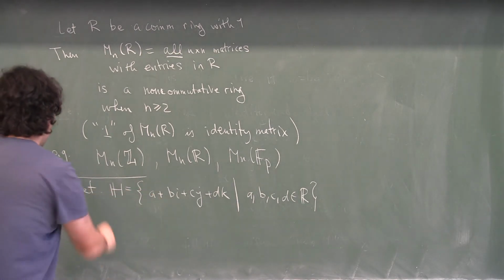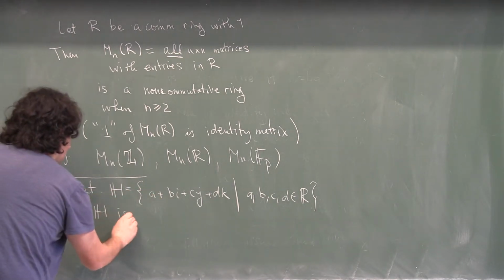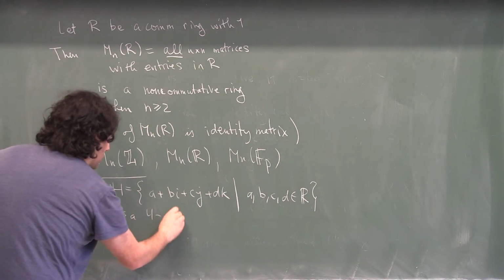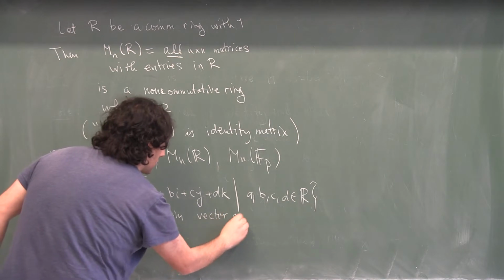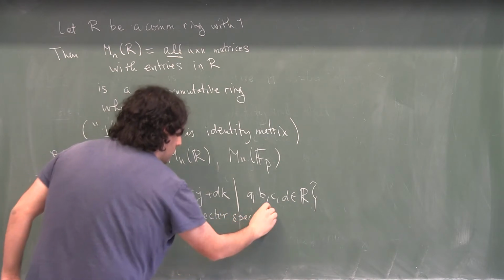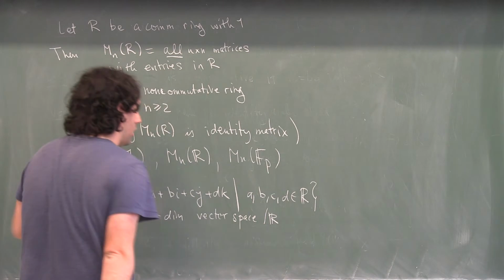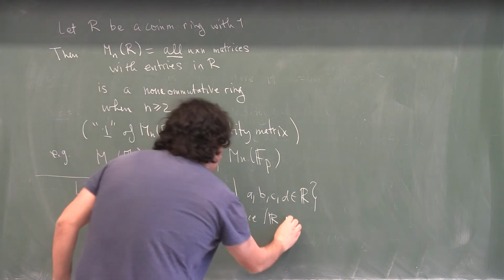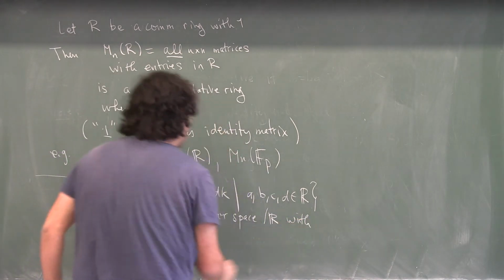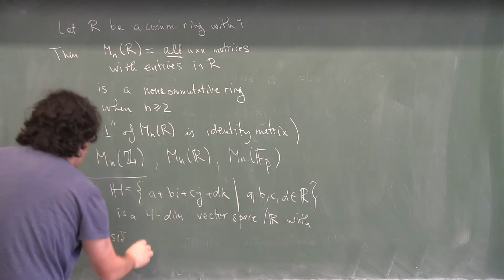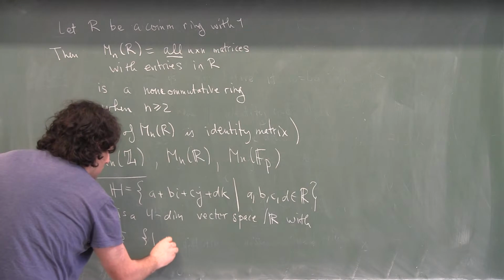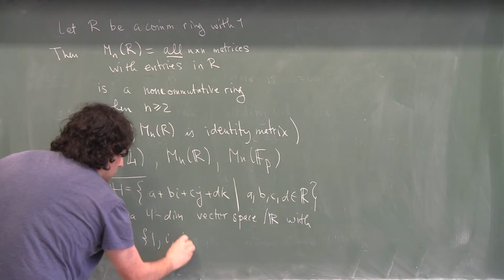So H is a four-dimensional vector space over R with basis 1, i, j, k.